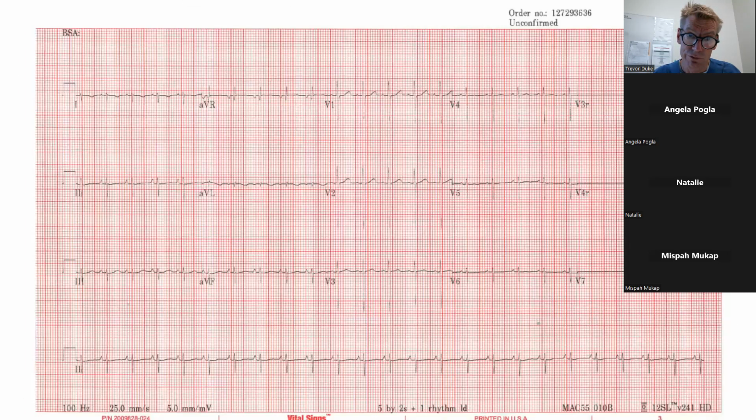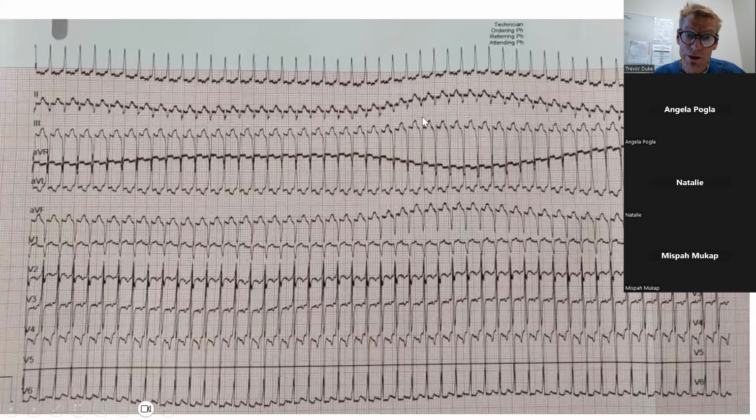All right, so we'll just go back to that. The child who's got SVT, and here it's very hard to see P waves. You can't see a normal P wave before every QRS complex. So you're starting to think this could be SVT. The second thing is, what is the duration of the QRS complex? It's around about normal. It's not more than 2 small squares, like 1 to 2 small squares.